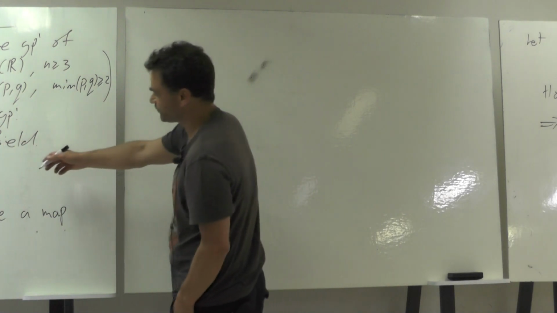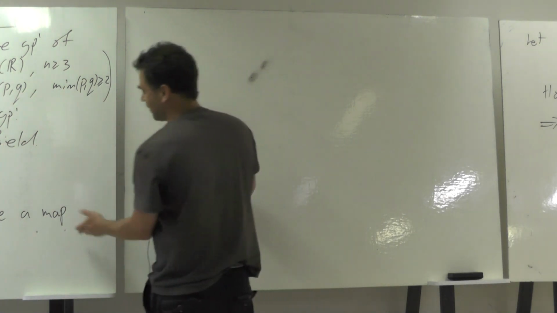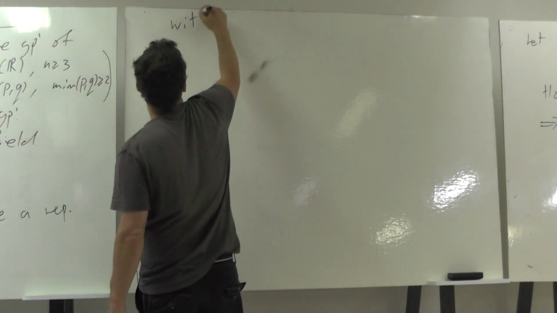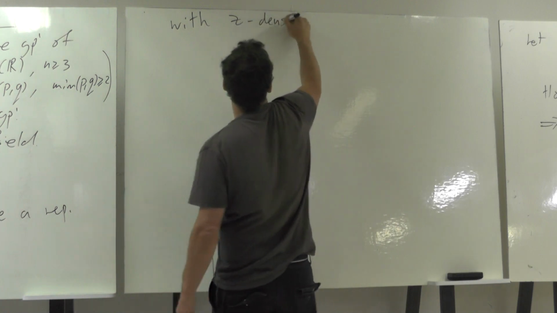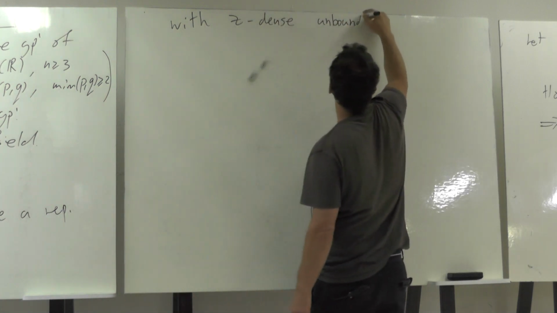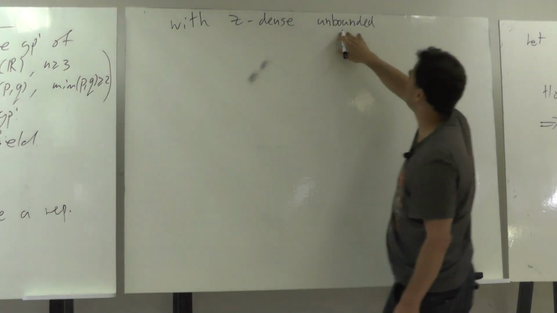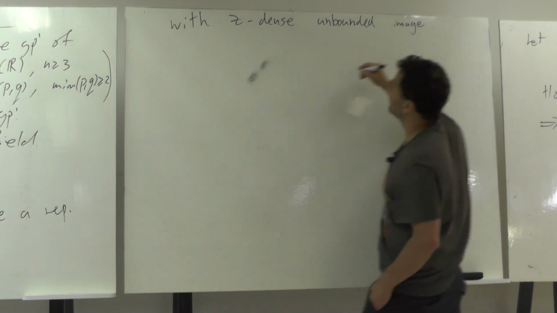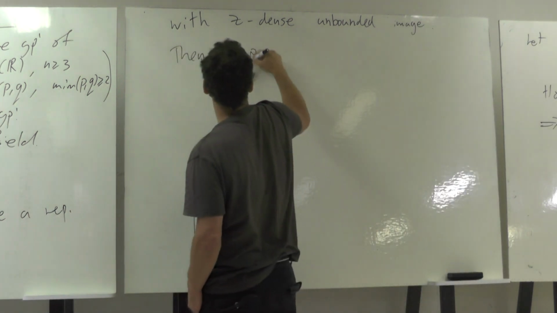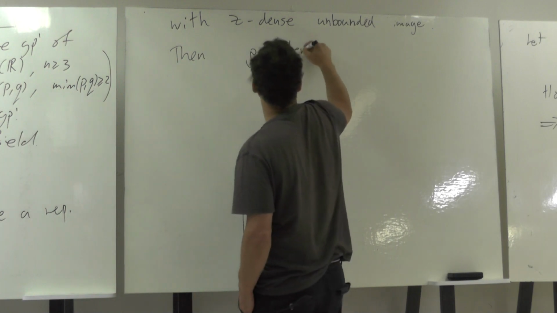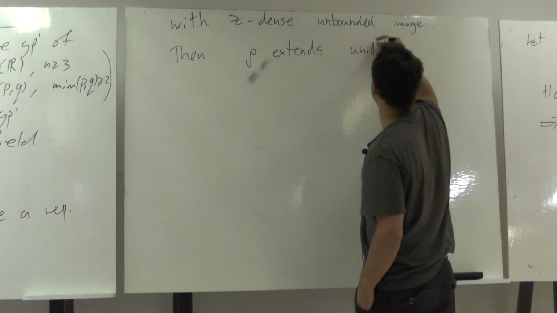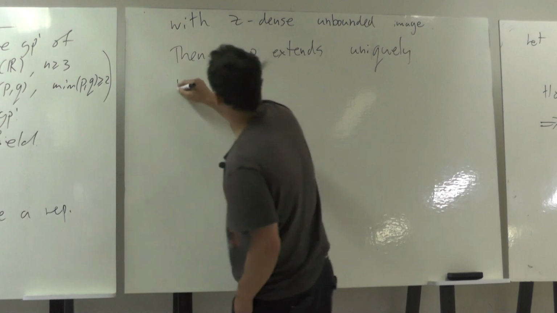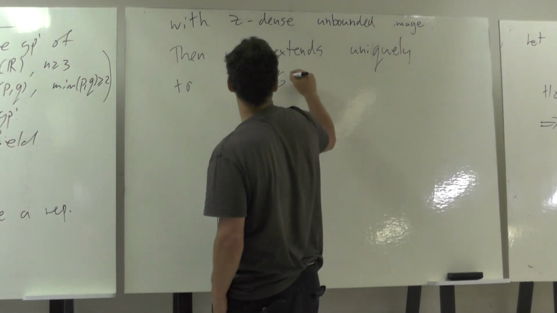So let rho from gamma to H be a representation with Zariski dense, unbounded image. This is for the Zariski topology, this is for the local field topology. Then rho extends uniquely to rho tilde from G to H.